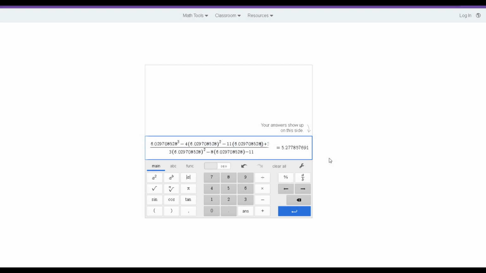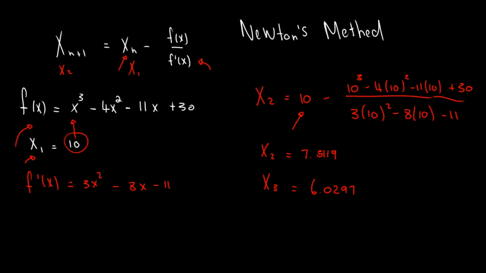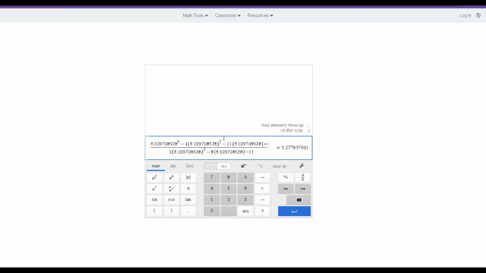Okay, let's see, we have 5.2777, so therefore x sub 4 is equal to 5.277778. Well, I'm going to do it again now, because we're not finding a repeating pattern yet.